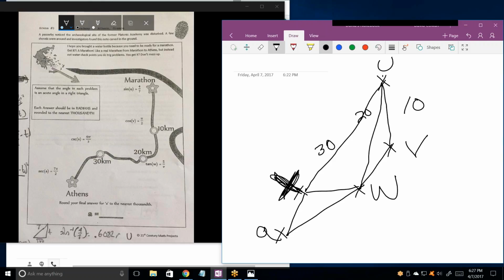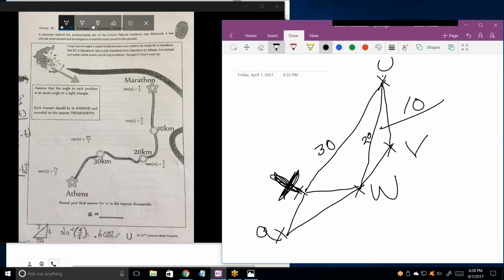Yeah, okay. There are 3 triangles. Right. And 20 was that distance there. Yep. Okay. Now, if we take the first triangle, this one right there, it says the sine of U equals 4/7.